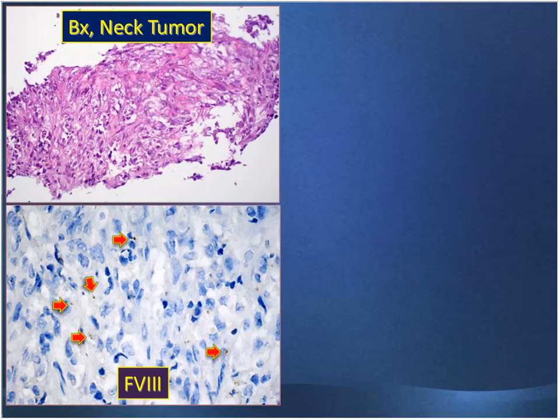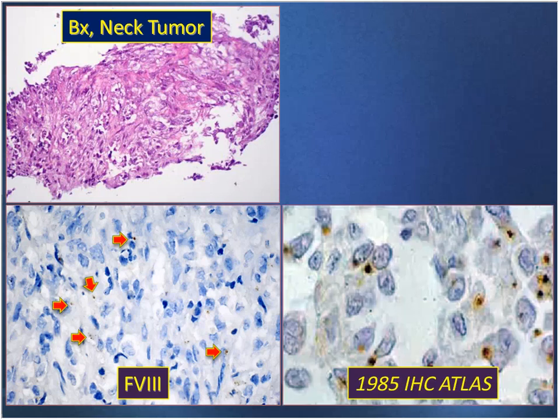And we described this entity many years ago in one of our IHC atlases, and I share with you this photograph. As you can see, there is a paranuclear punctate staining pattern for factor VIII in a high-grade angiosarcoma.